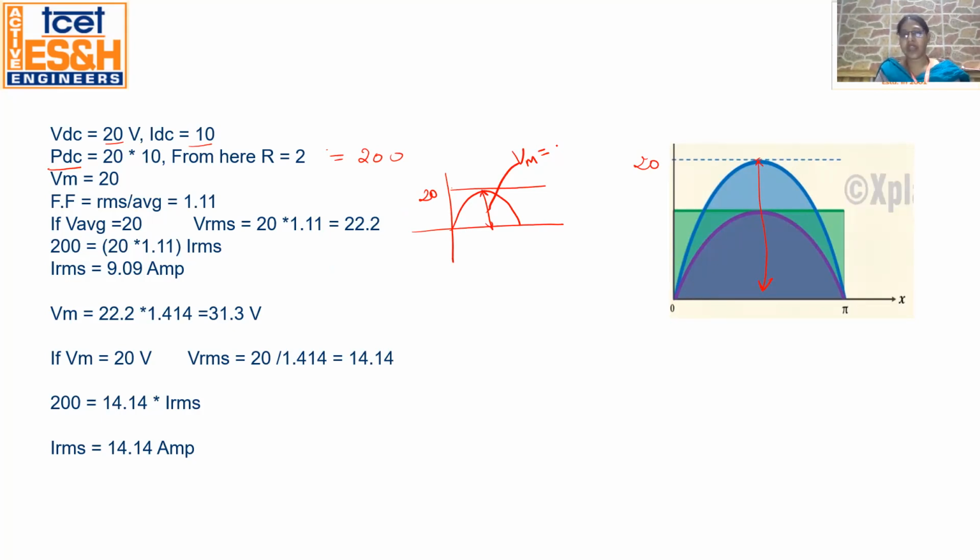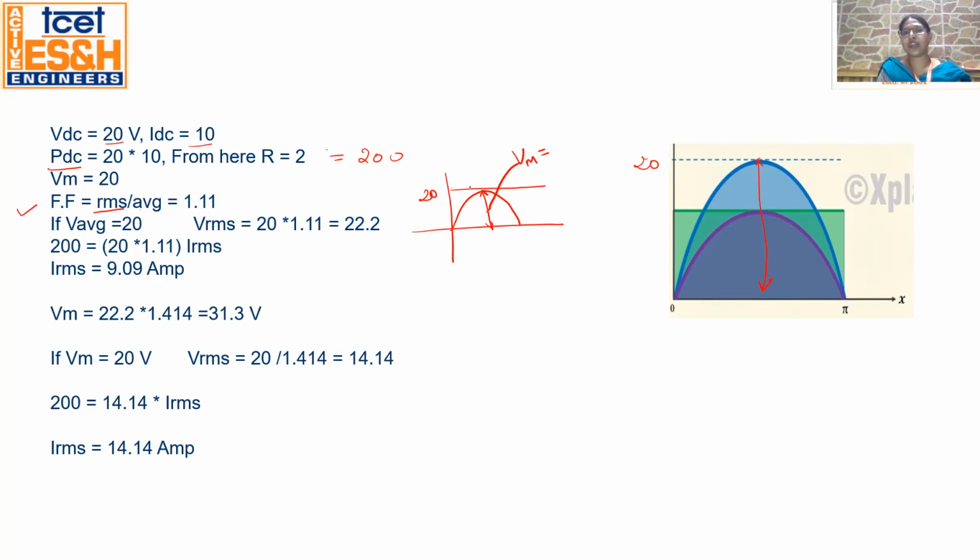Okay, so here we have to take the RMS value for producing an equal amount of heat. So there is a form factor. Form factor is the RMS by average value. For a sinusoidal waveform, it is 1.11. So from here we take the RMS value and average value.